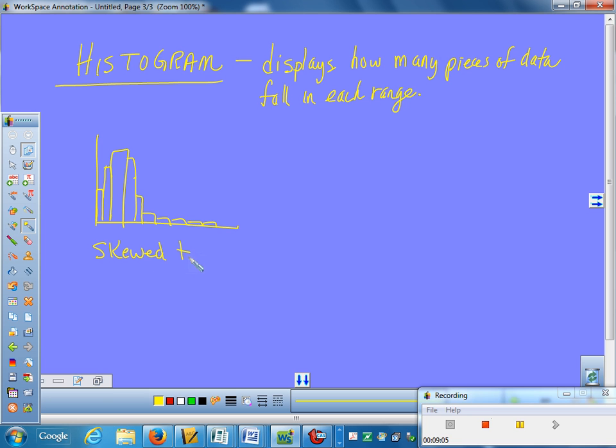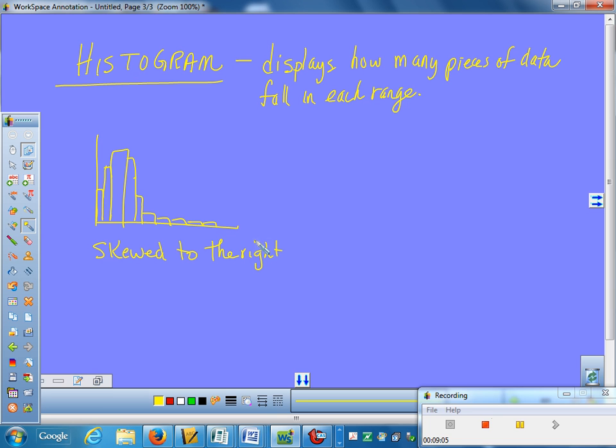Anyone want to guess which one this is? Right. Left. Okay, to me, I always wanted to call it skewed to the left because there's more data on the left. But that's wrong. It's where the tail's going. The tail of the data is going to the right, so they say skewed to the right. If the tail is on the left side, then it's skewed to the left. Okay, so that's pretty simple.